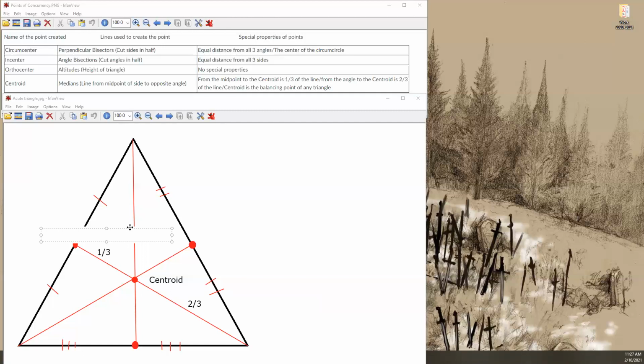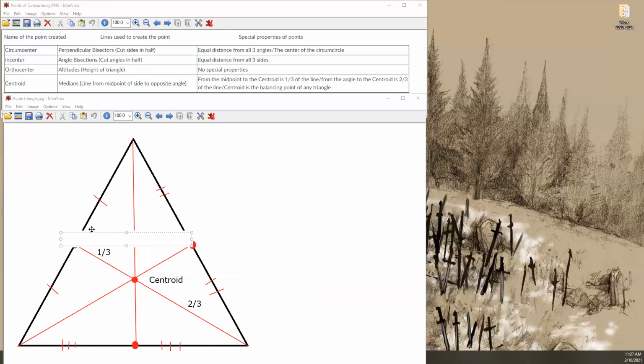The other 3, you're going to get questions like, what kind of point is this? Or like with circumcenter, it's equal distance from the 3 angles. So you may see a question about, oh, from here to here is 5. What's the distance from here to here? Well, if it's from the circumcenter to an angle, then they're going to be equal. The other one's going to be 5 as well. You're going to see stuff like that. But centroid, you're going to see the most questions on.